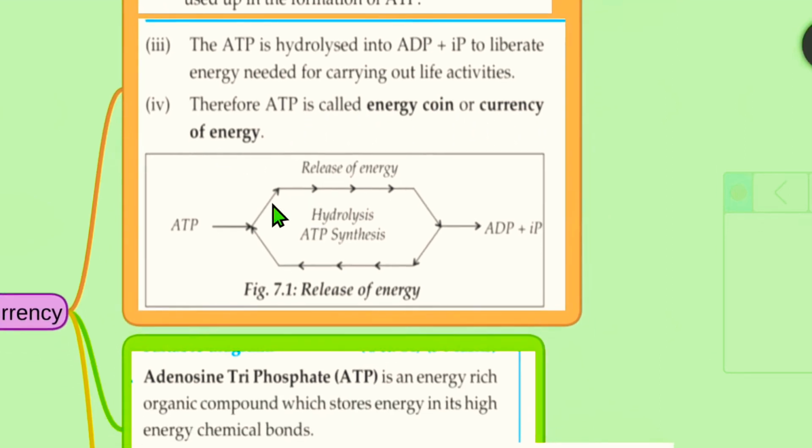You'll see here ATP releases energy: hydrolysis or ATP synthesis takes place. First hydrolysis takes place and releases the energy, and ATP is converted into ADP plus inorganic phosphate, and then ADP plus inorganic phosphate during ATP synthesis is converted into ATP.